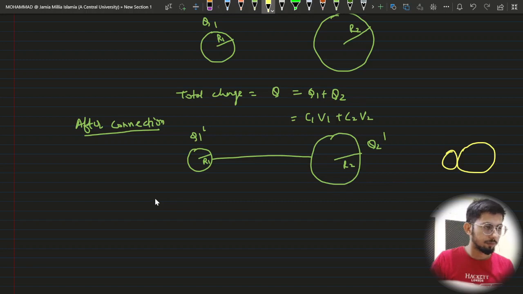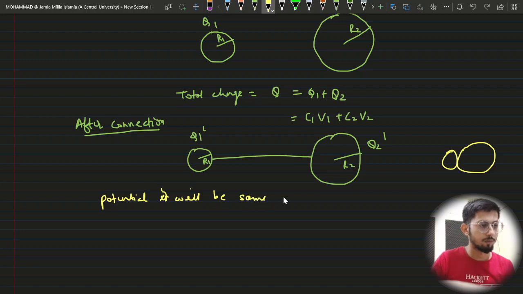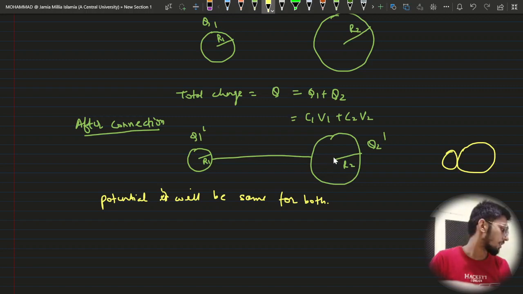You need to see that after joining, the potential is going to be the same for both. Initially they were having different potential, but since we have joined them, the potential after connecting them will be the same for both.